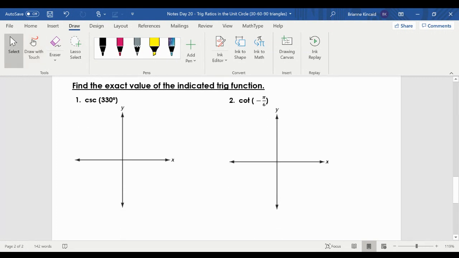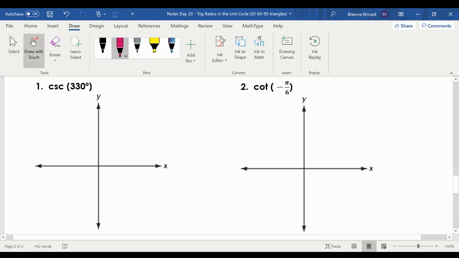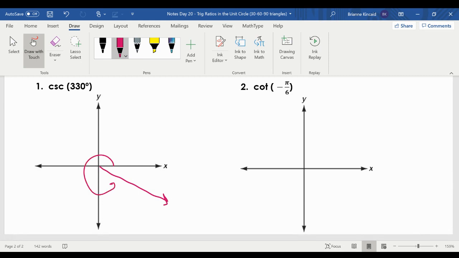So 330 degrees is an angle here. All the way around is 330. Remember, I draw up or down to the nearest x-axis. 330 is 30 degrees away from 360. Remember, the theta, what we're focusing on, is always the angle that's next to the origin.